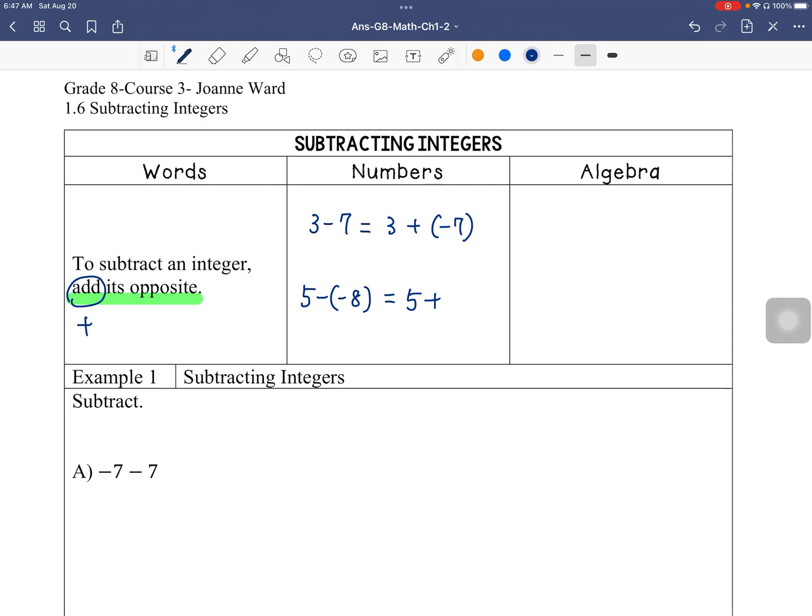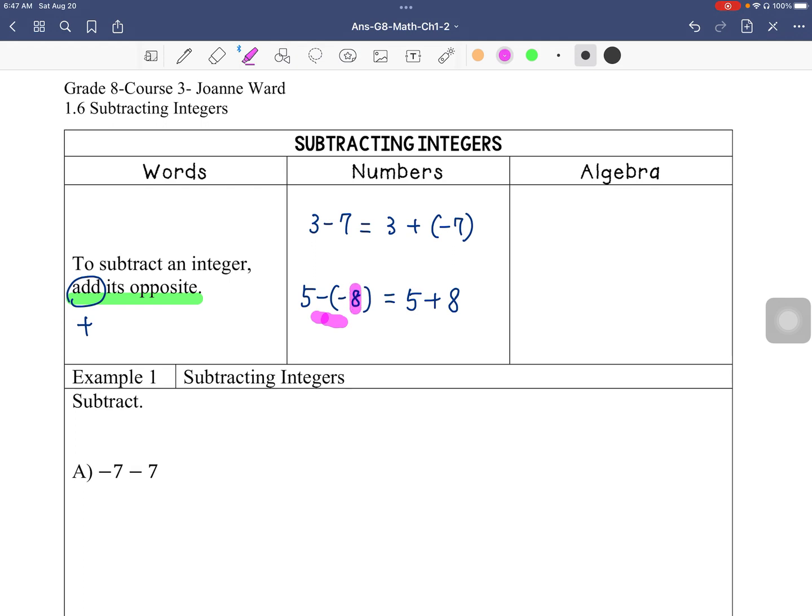Negative 8's opposite is 8, so 5 plus 8. And this forms a rule that when I subtract a negative number, I'm actually adding the number itself.